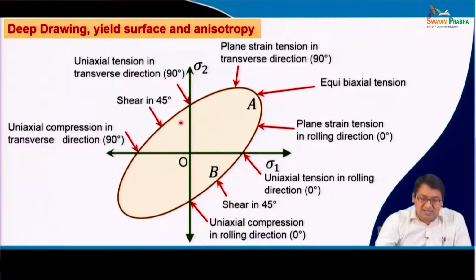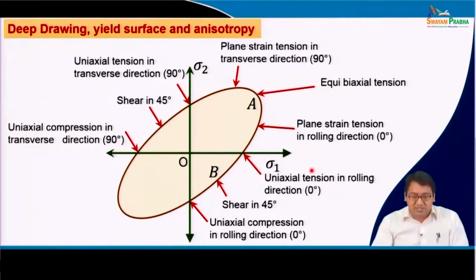So, this is the yield locus, and if we say that we are loading along sigma 1 only, then this is basically uniaxial tension along the rolling direction, considering sigma 1 is along the rolling direction and sigma 2 is along the transverse direction, whereas sigma 3 is the normal direction perpendicular to it. If we do a tensile test along the transverse direction, the yield point will be somewhere here.